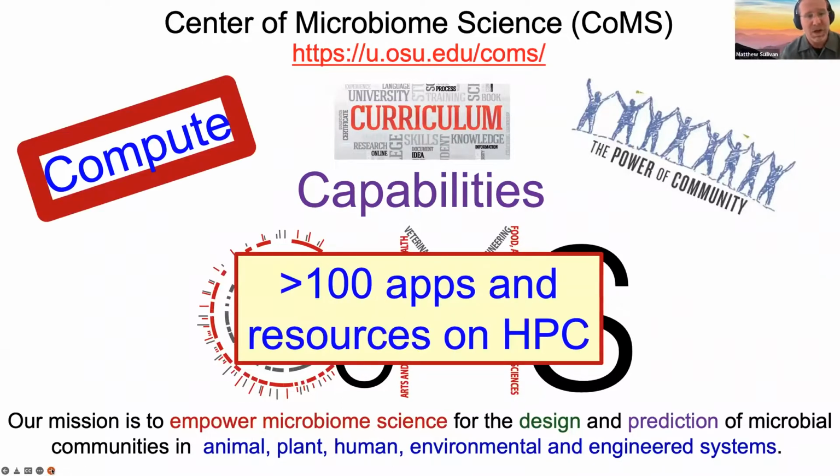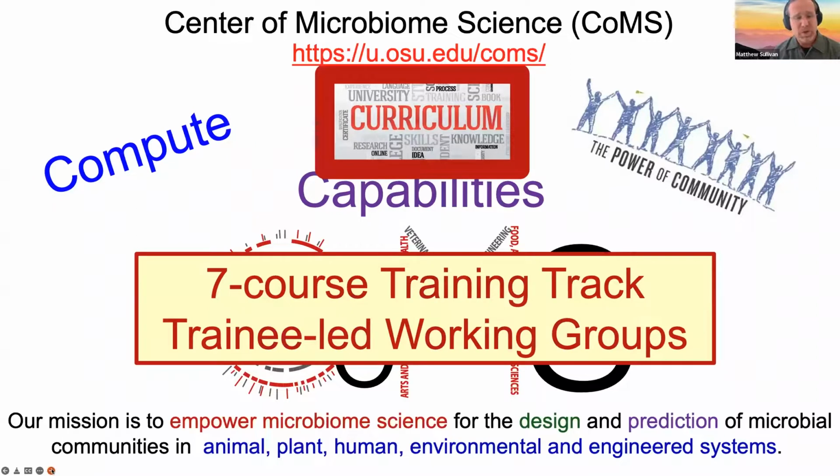In just the time since February 2020, we've already, through compute, built out quite a bit of supportive infrastructure with greater than 100 apps and resources on the state of Ohio's high-performance computing system called the Ohio Supercomputer. We've also built out a 7-course training track for curriculum, though no student would take all 7 courses.